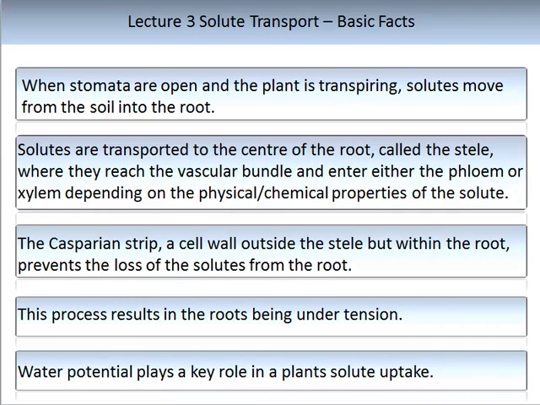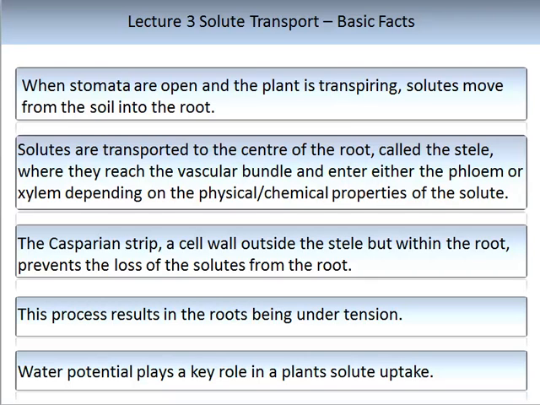When the stomata organs are open, the plant is transpiring. Solutes can move from the soil into the root. Solutes are transported to the centre of the root in a structure called the stele, where they reach the vascular bundle. In the vascular bundle, they can either enter the xylem or the phloem, depending on the physical chemical properties of that solute.